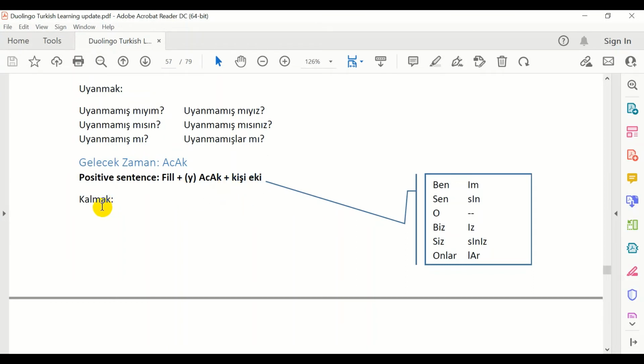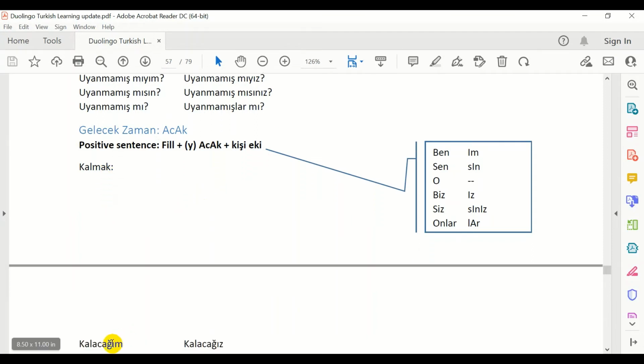For example, kalmak, kalacağım. So here before adding this personal suffix you can add the question word, kalacak mıyım.